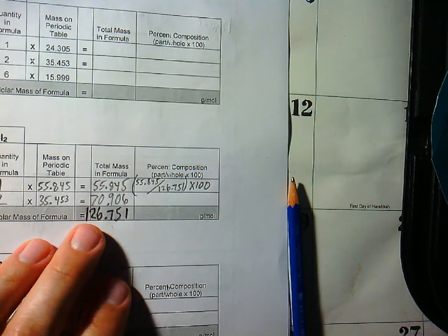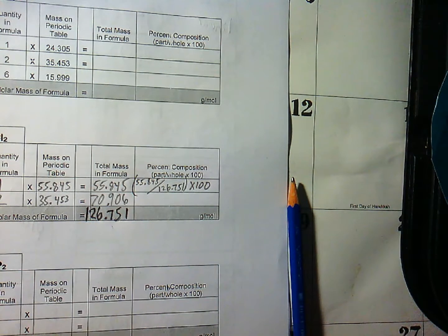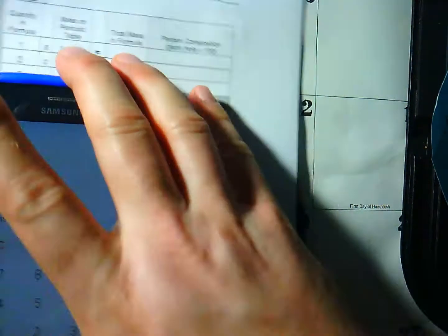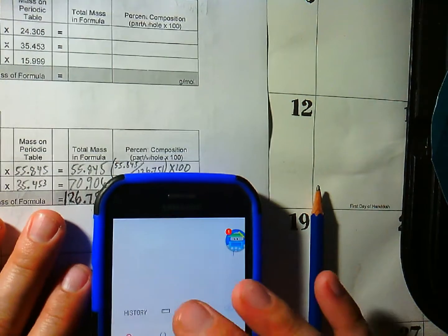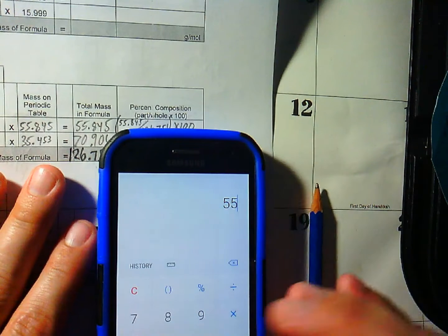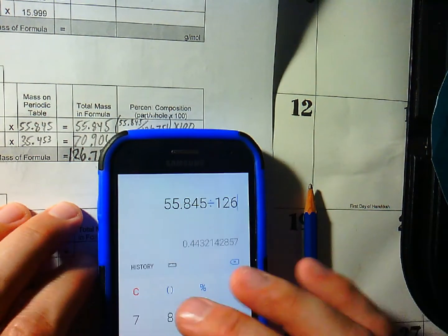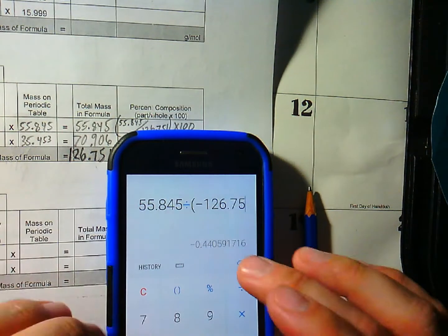So when I pull out my handy dandy calculator, I'm just going to plug my numbers in. 55.845 divided by 126.751.